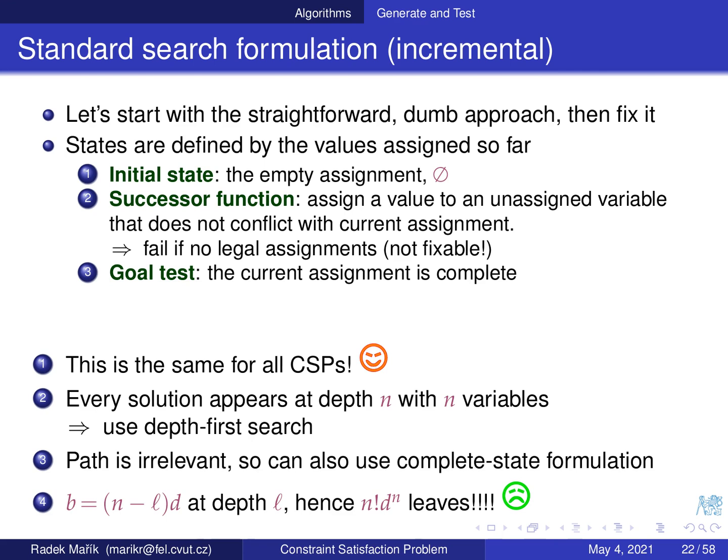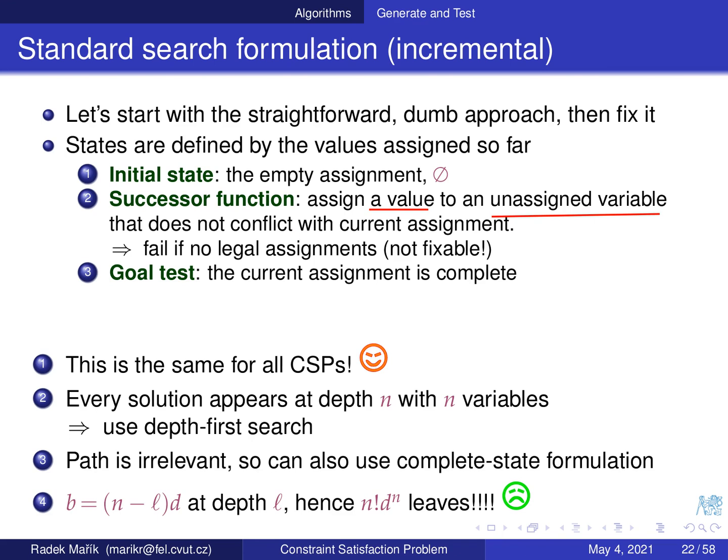So the initial state, for example, can be an empty assignment, and then in the next step, which is called a successor function, you take an unassigned variable and select its value from its domain, such a value that does not conflict with the current assignment.